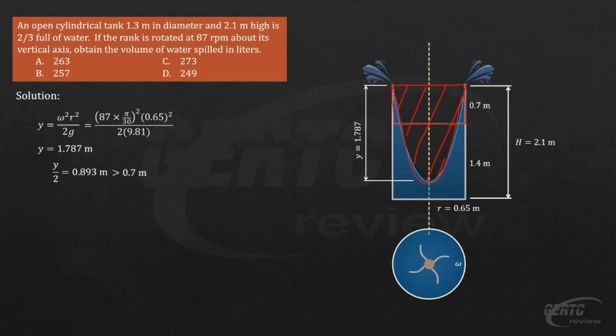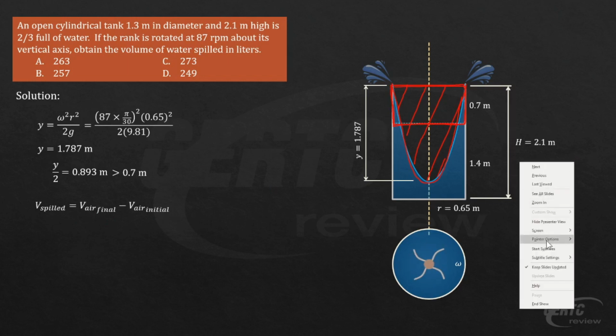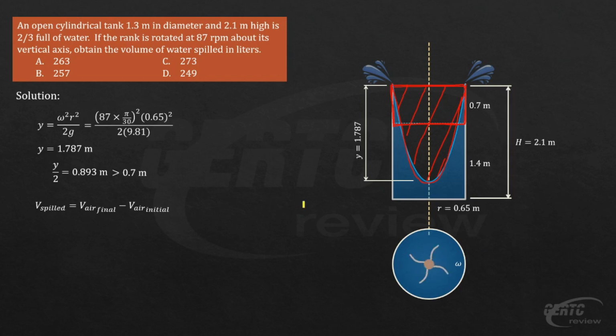So the volume spilled is the final volume of air in the tank minus the initial volume of air.